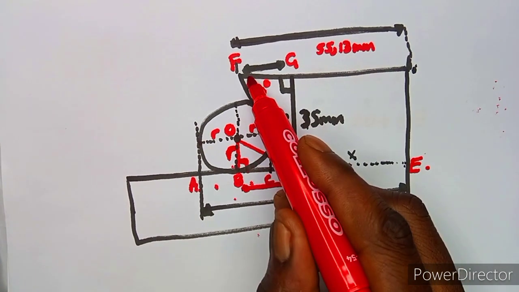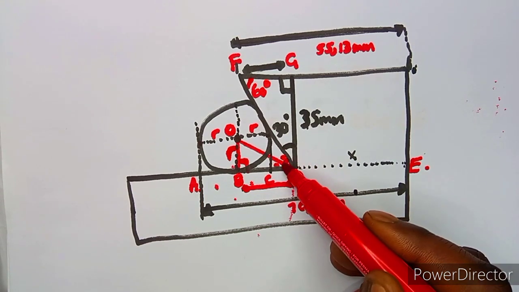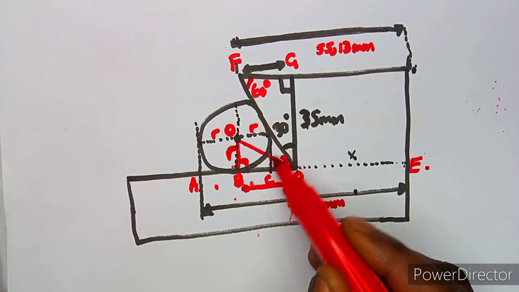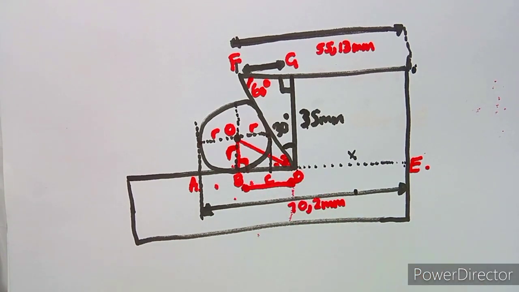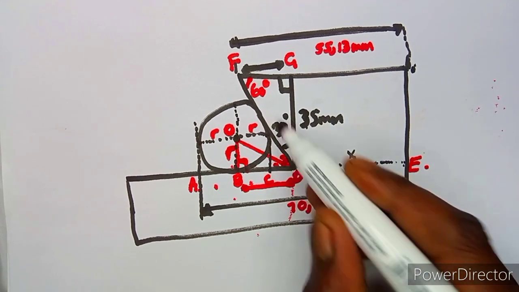This angle here is 60 degrees, which means this whole angle combined together is going to give us 60 degrees. But we say these two angles are equal, so we are going to divide them, because this line is going to bisect this one into two equal parts. But this angle is 60. Why?